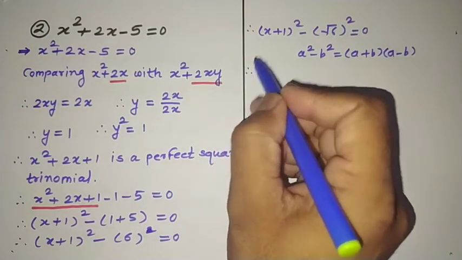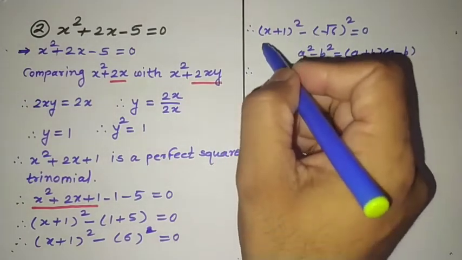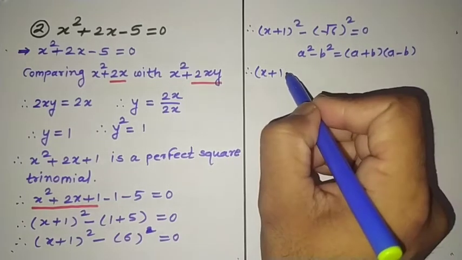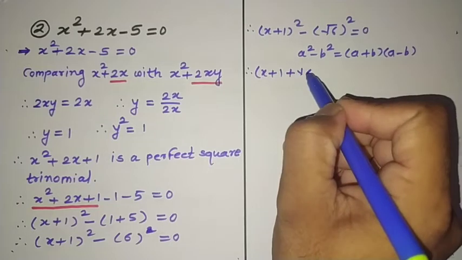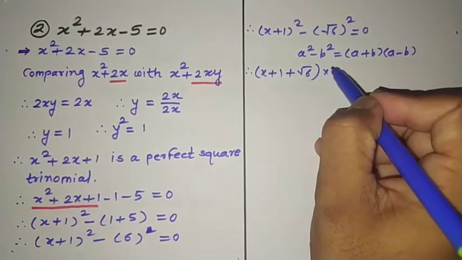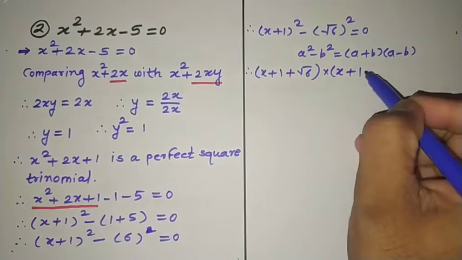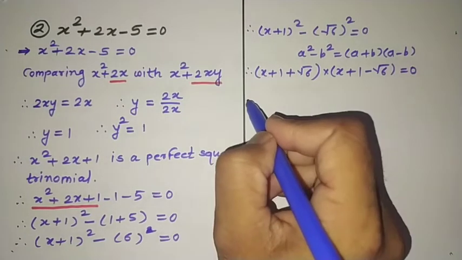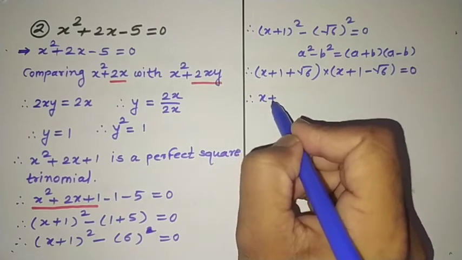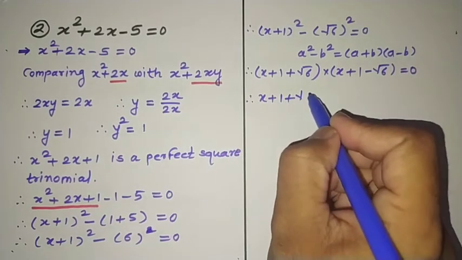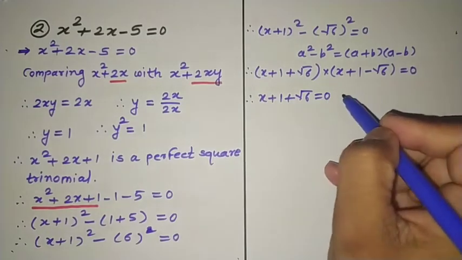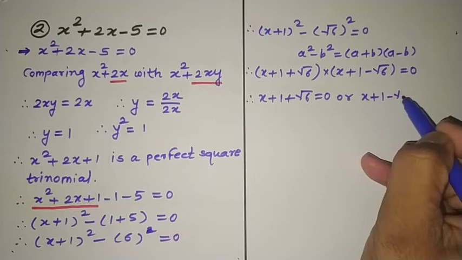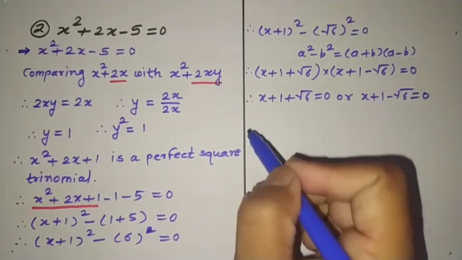Using this formula, x plus 1 plus root 6 and x plus 1 minus root 6 is equal to 0. Therefore x plus 1 plus root 6 is equal to 0, or x plus 1 minus root 6 is equal to 0.